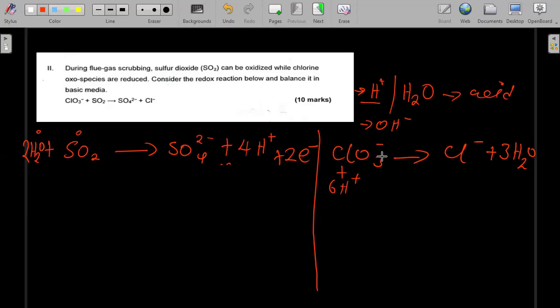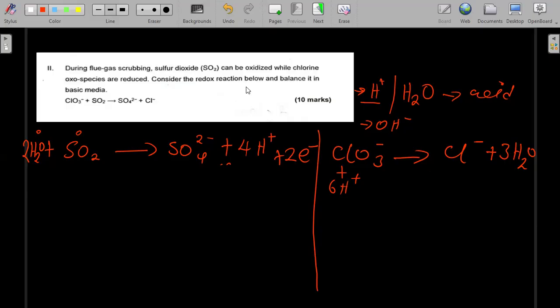For us to balance the oxygen atoms, remember we are saying we need to add water molecules. Now, after we've added the water molecules there, we've noticed that hydrogens have appeared. So we also need to balance those hydrogen atoms. How we balance hydrogen atoms in acidic media is to add the hydrogen ions.